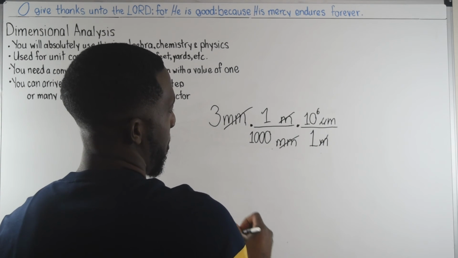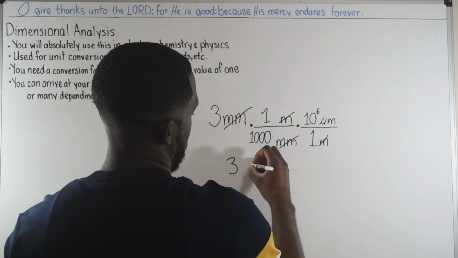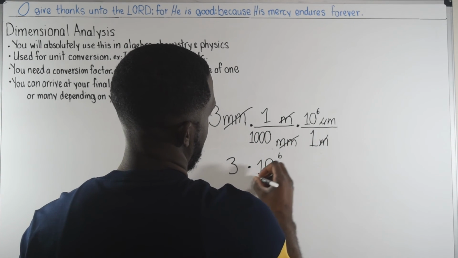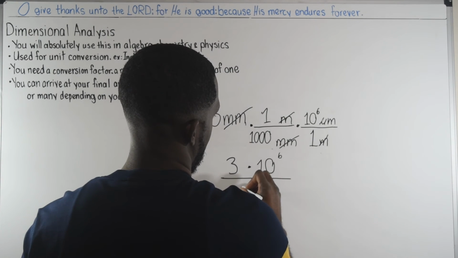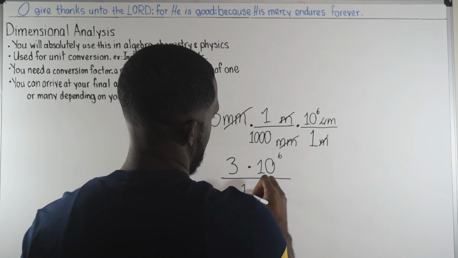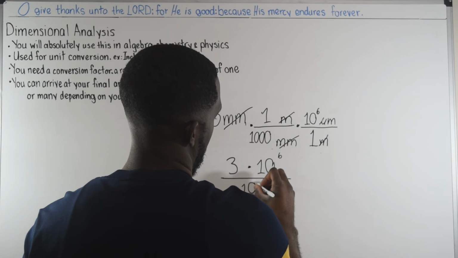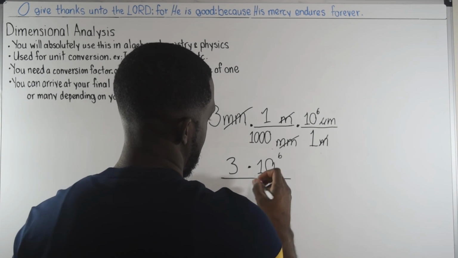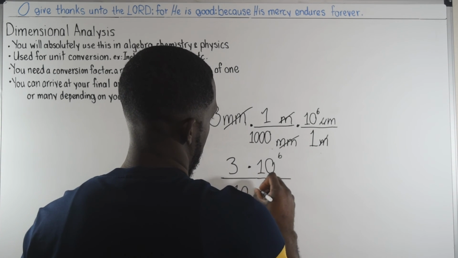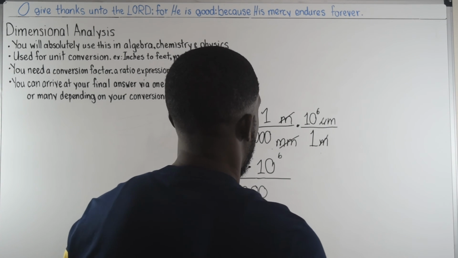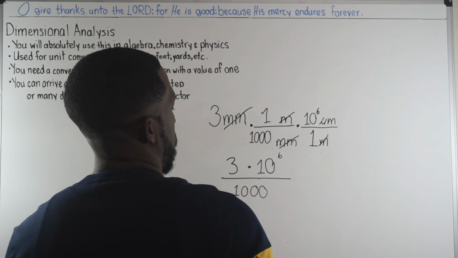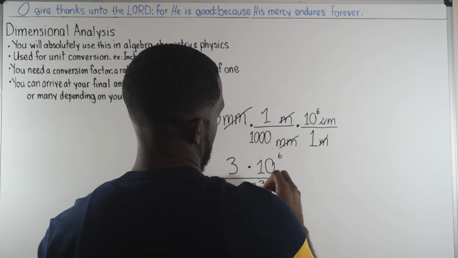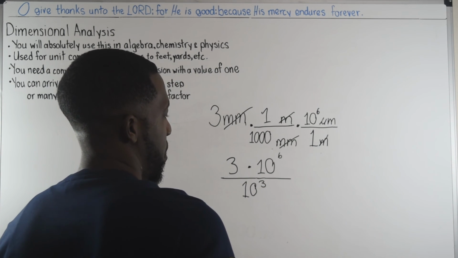This right here. So we got 3 times 10 to the 6th divided by 10 to the third. It gets kind of sticky. Okay, so we can say that 1,000 is 10 to the third, it's the same thing.